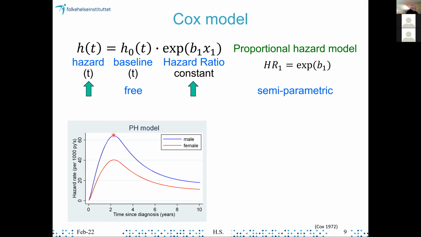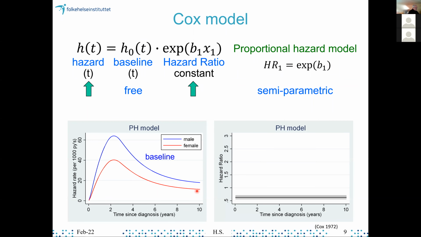If you look at the ratio males over females, it's the same over here as it is over here, although that's not so easy to see. So if we take males as the baseline, we can calculate the hazard ratio by taking females divided by males, and we get a constant hazard ratio of close to 0.6, I think this is.